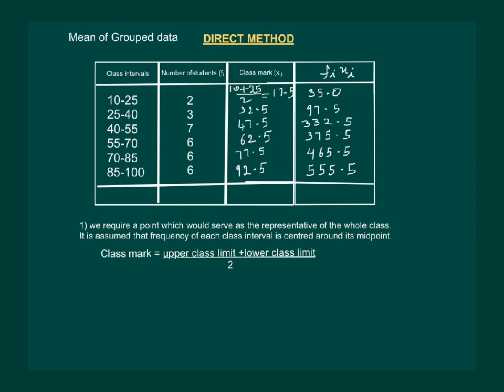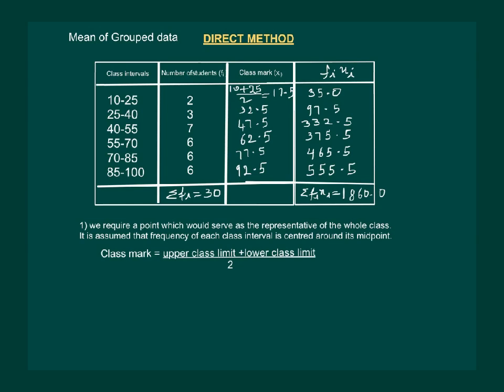Once our column is complete, we need to find summation fi into xi, which is equal to 1860.0. Also we would need summation fi, which is equal to 30.